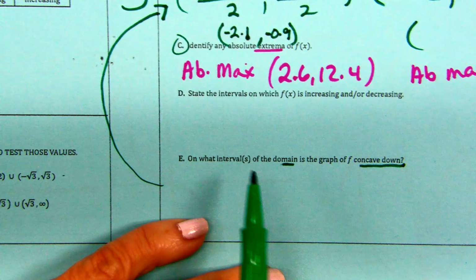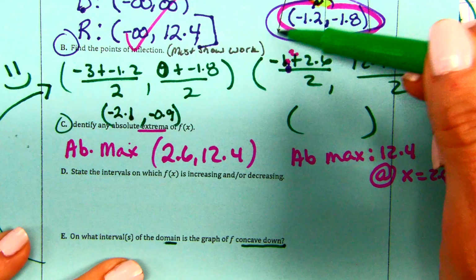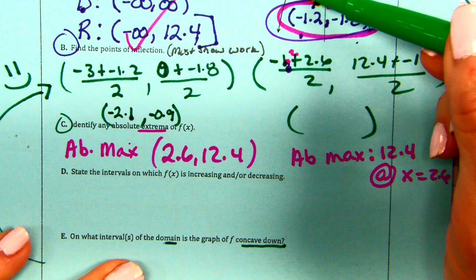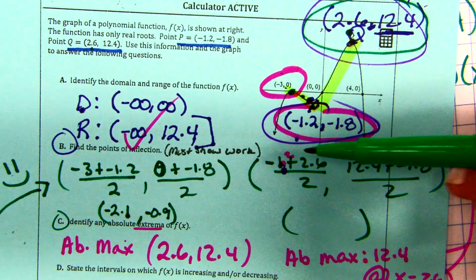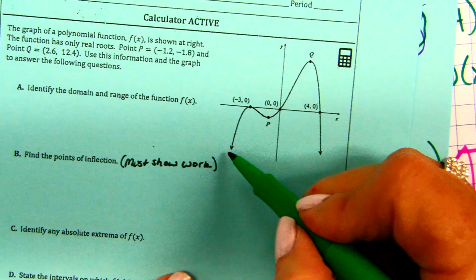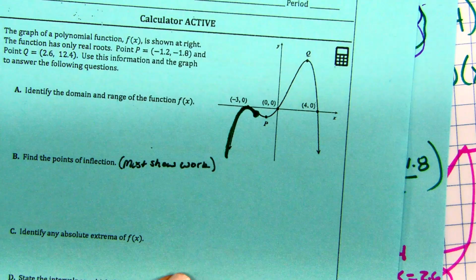So listen, the first place where we're concave down would be from -infinity to whatever the x value is. Sorry, I know I've made a mess of this graph. Let me get a fresh one. Where I am concave down would be from here to somewhere in the middle here, right? Do you agree with that? That's one of them.